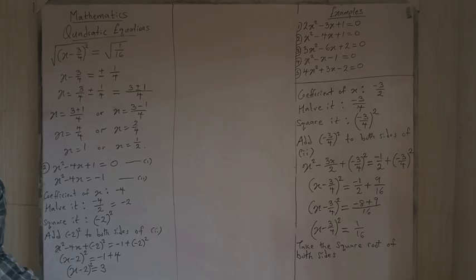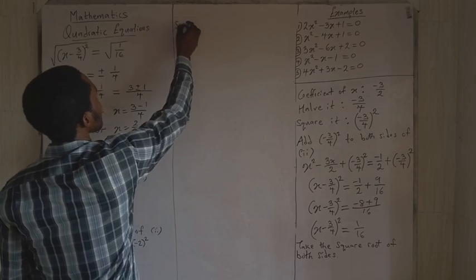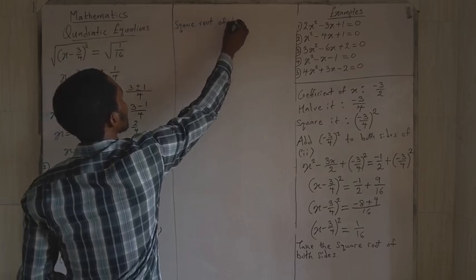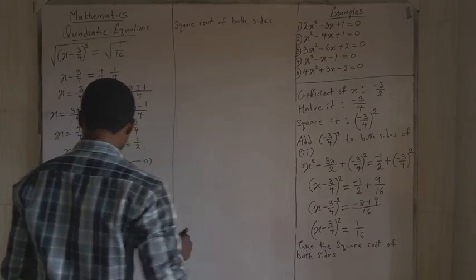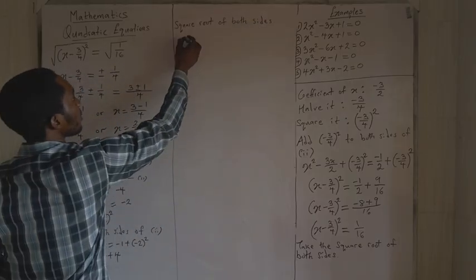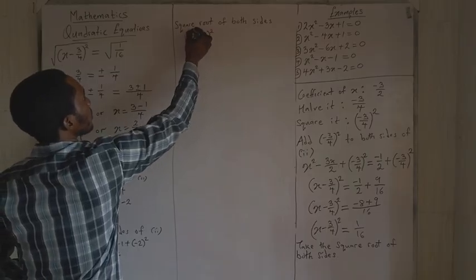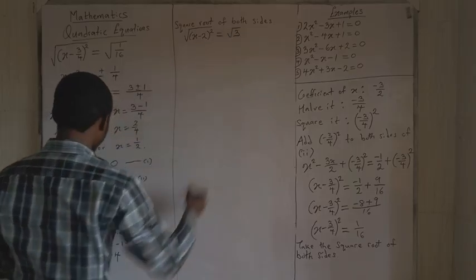What are we going to do next? Take the square roots of both sides. If we take the square root of both sides, we have the square root of (x minus 2) all squared is equal to the square root of 3.